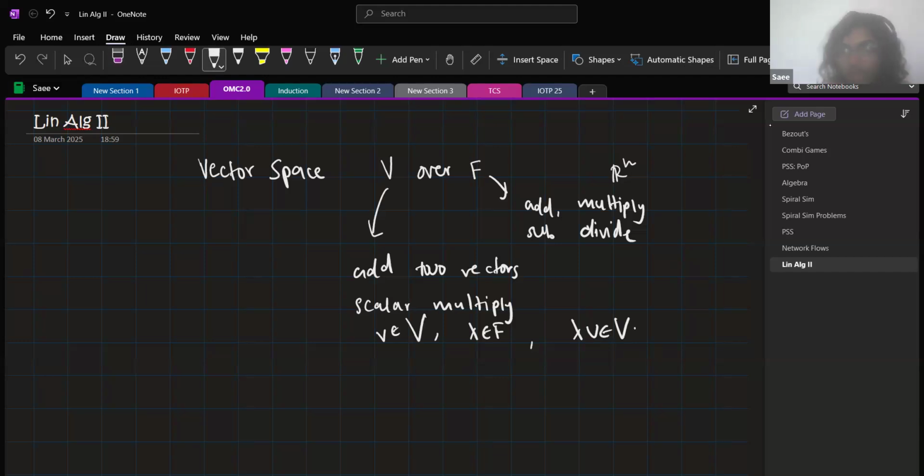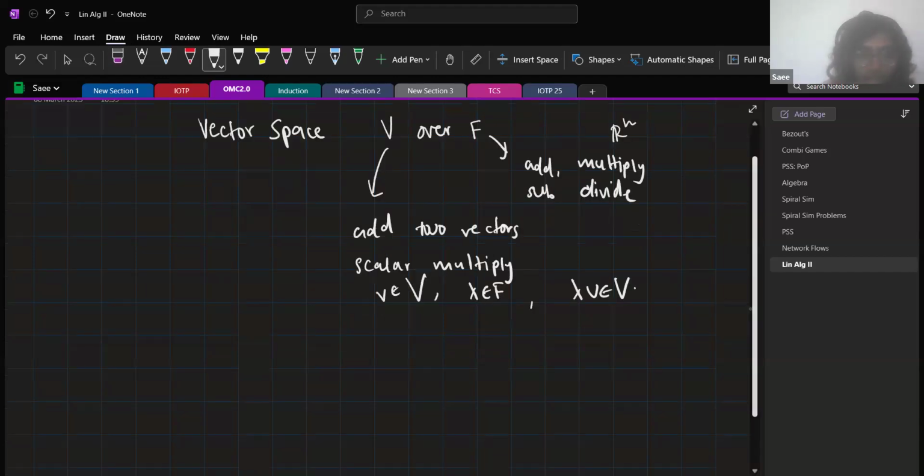Okay, and what else? We also looked at isomorphisms and homomorphisms. These are basically ways in which we can compare two vector spaces.